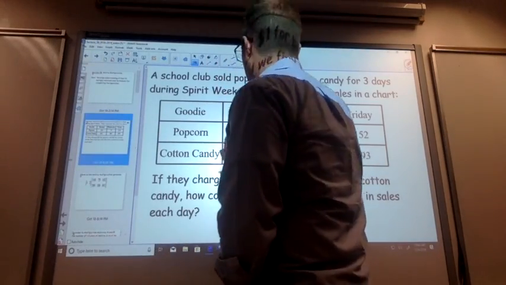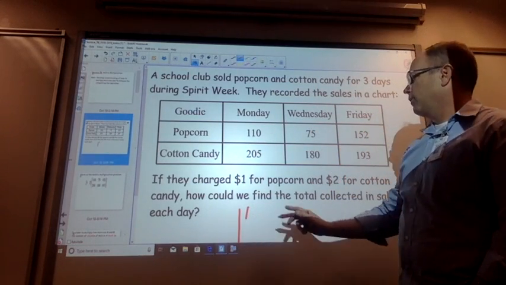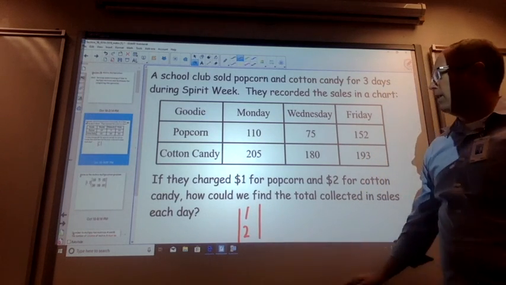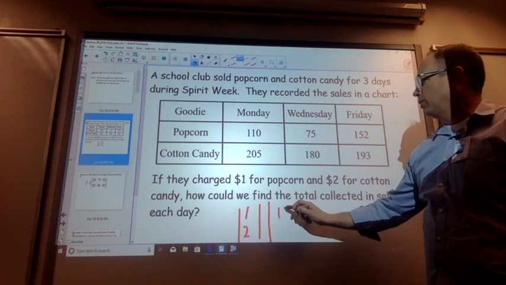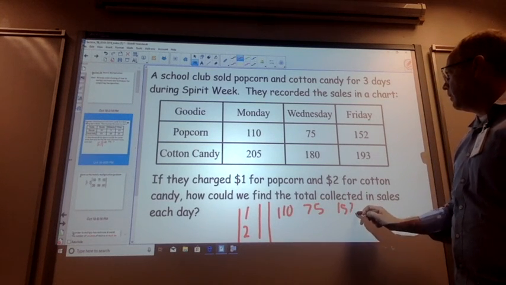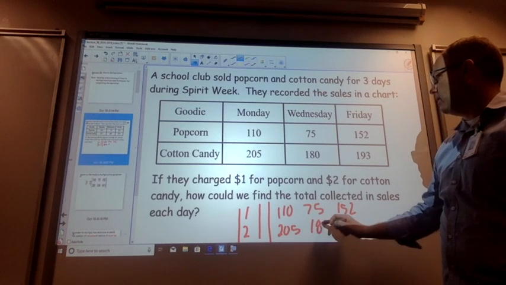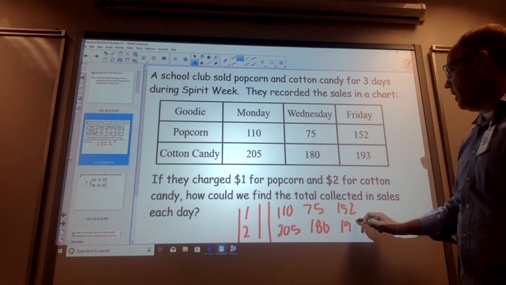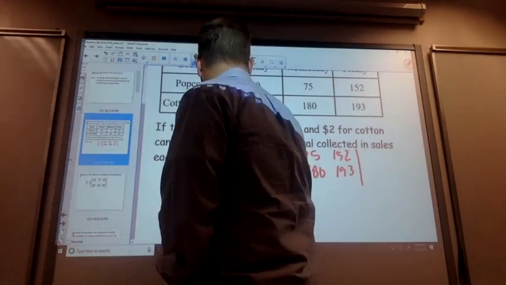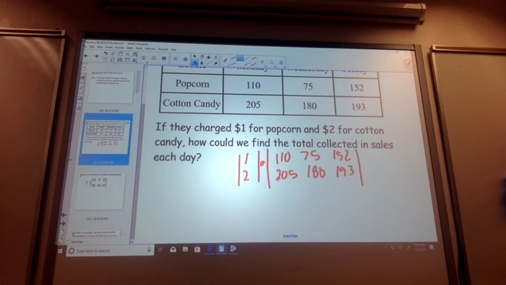So they're charging $1 for popcorn and $2 for candy, and I'm going to multiply that times 110, 75, 152, then 205, 180, and 193. I want you to make sure you understand this. These will be multiplied together eventually. That's not a decimal, that's a multiplication dot, okay?